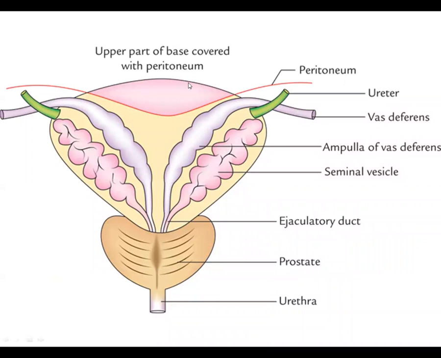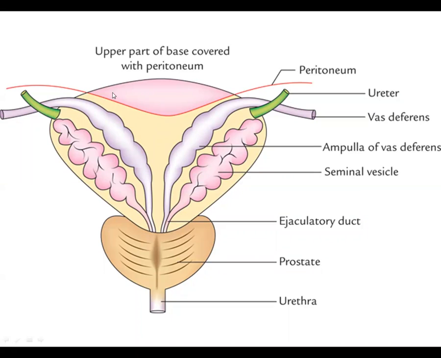So we have seen the superior surface of the urinary bladder, relations of the superior surface. Now we will see the relations on the posterior surface of the urinary bladder. So these are the relations of the urinary bladder posterior surface in case of males.